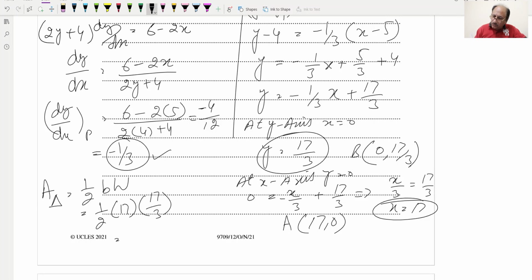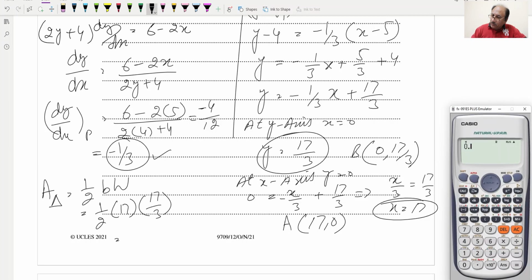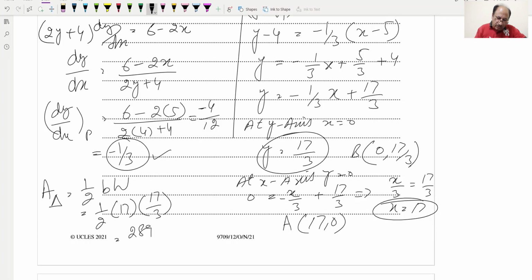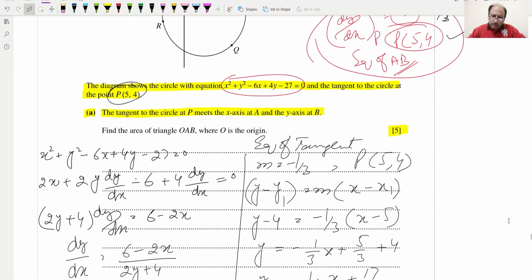This is equal to 0.5 into 17 into 17 over 3, which is 289 by 6, about 48.16. They are saying to find the area as a decimal value. I'm checking: find the area of the triangle where O is the origin.